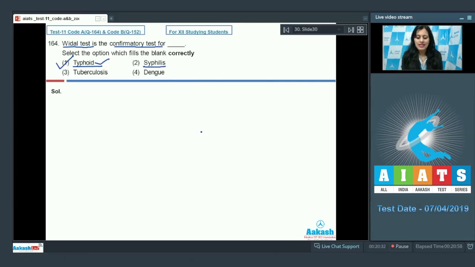The next option is syphilis and this cannot be a correct answer. Syphilis is a bacterial disease and the diagnostic test for syphilis is VDRL. VDRL stands for Venereal Disease Research Laboratory. The next option is tuberculosis and this cannot be a correct answer. Tuberculosis is also a bacterial disease and the diagnostic test for tuberculosis is Mantoux test.